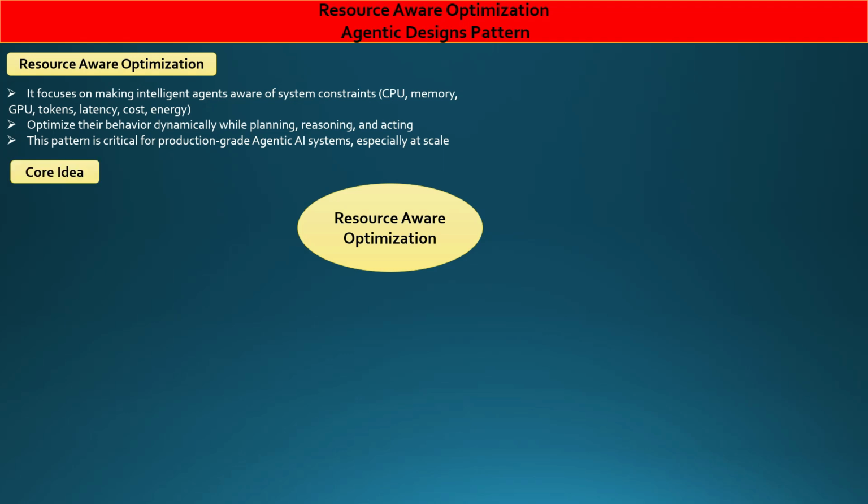So what is the core idea behind it? Agents should reason not only about what to do but also how much it will cost to do it. This idea changes an agent from a task solver into a decision maker under constraints, which is exactly how real production systems must behave.